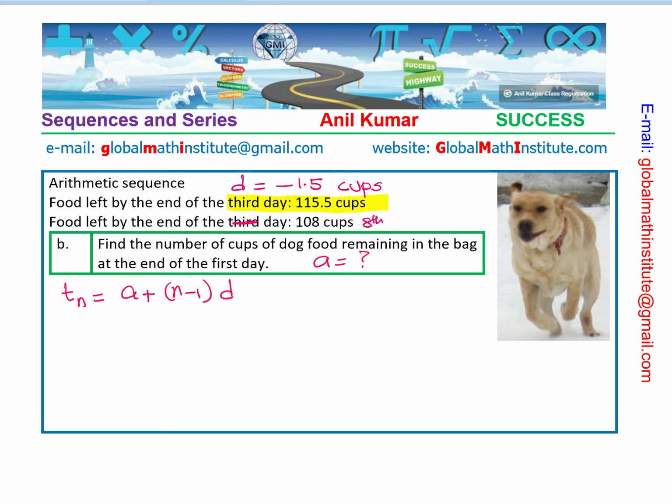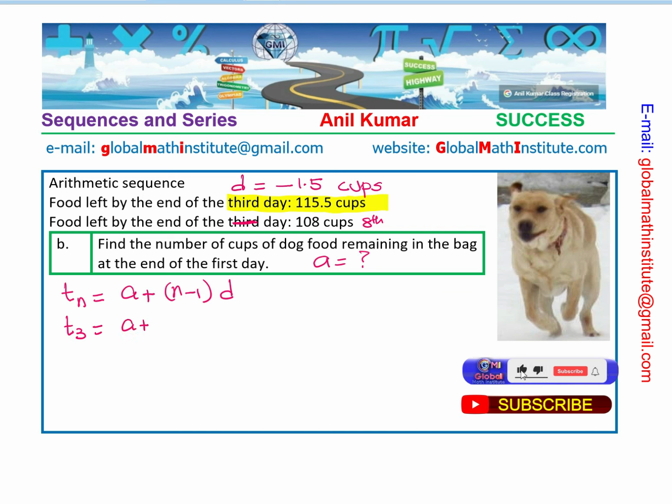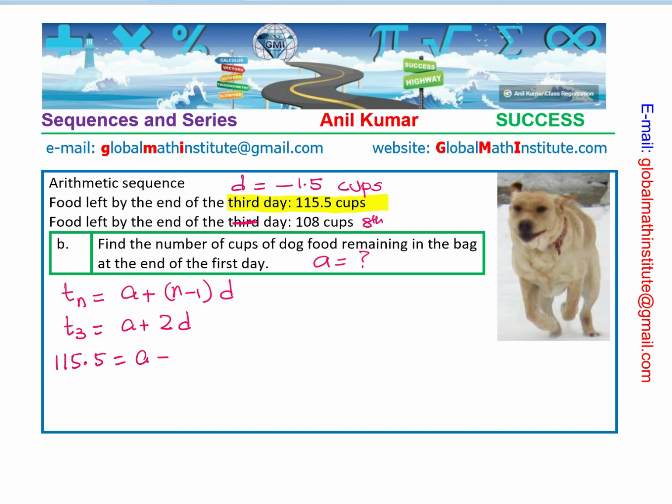So T3 we know is A plus 2D, and T3 is 115.5. A we need to find, and D we know is minus 1.5.